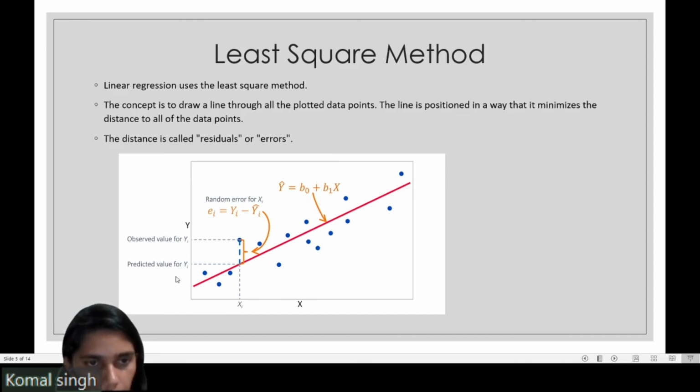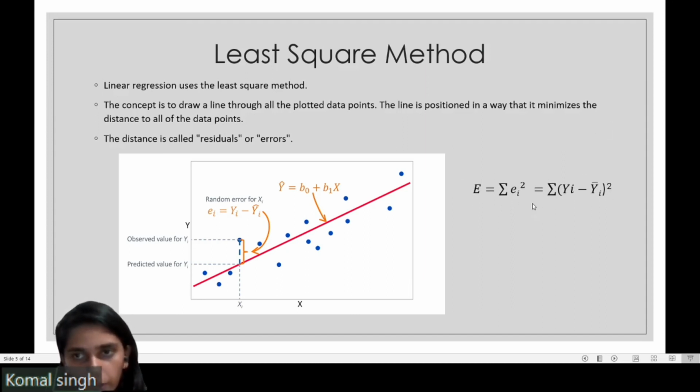This graph represents the regression line, and here is our data point. The value we have to predict is the one which comes on the regression line, but our observed value is this one, which is called yi. So we use the least square method so that this error can be reduced.